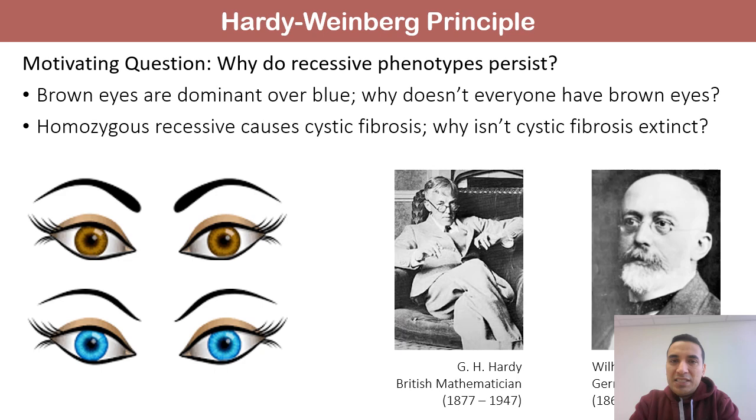Then another scientist by the name of Wilhelm Weinberg also published the same thing around the same time, but his paper was actually even better, in the sense that it presented those ideas in a much more coherent fashion. It was more developed, but it did not get as famous. It was not recognized as much.